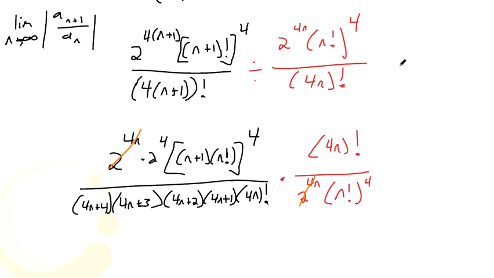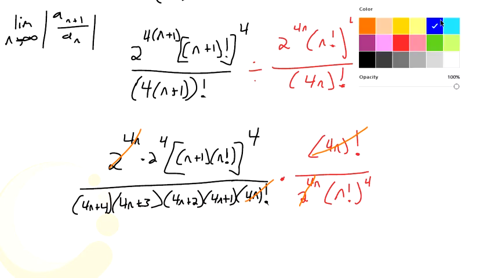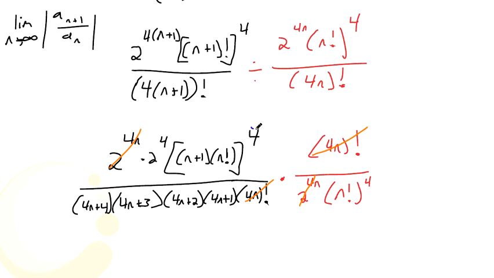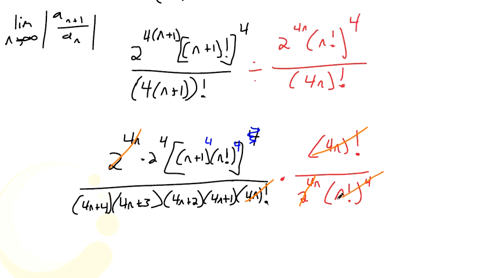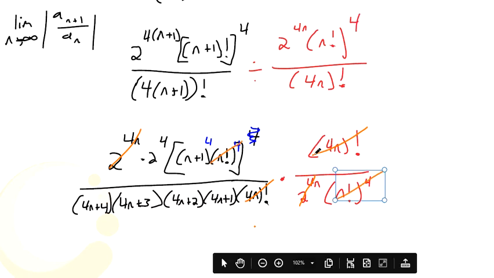Those are going to cancel. We also have 4n factorial, since we factored that out. And look, you can use the rule of exponents. Put this 4 to both these parentheses on the inside. And when you do that, n factorial to the 4th and n factorial to the 4th cancel out.